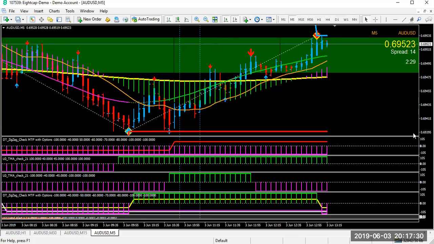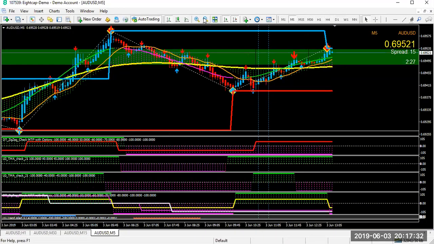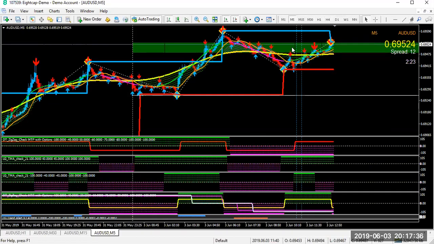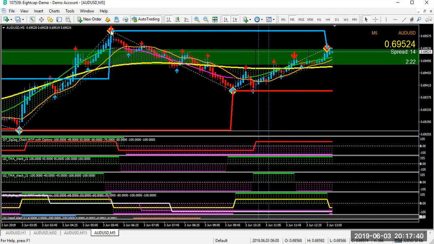Yeah. So here's what it looks like in the, yeah, so that's the same high as the 1 hour. Okay, this is the same diamond from the 15-minute.